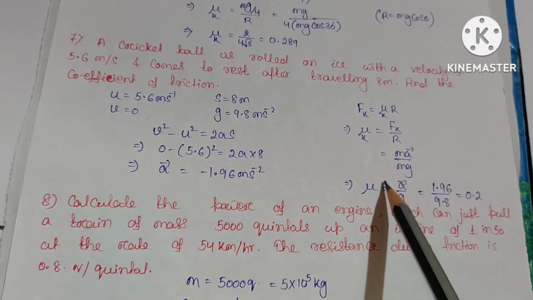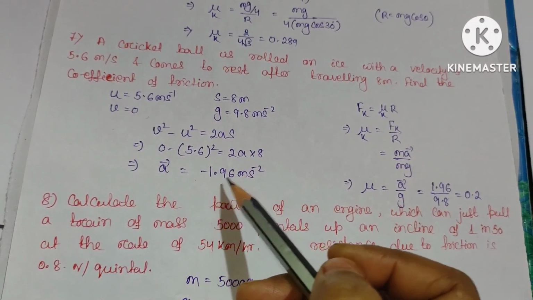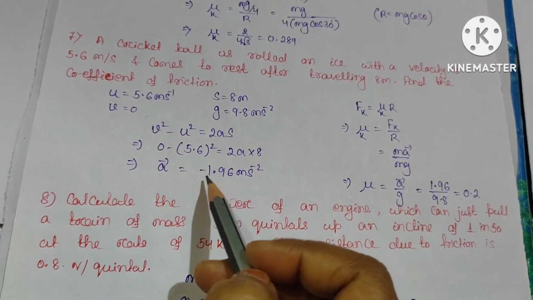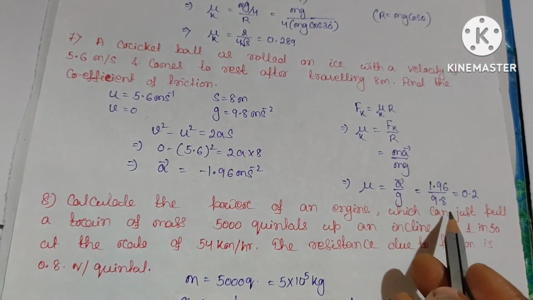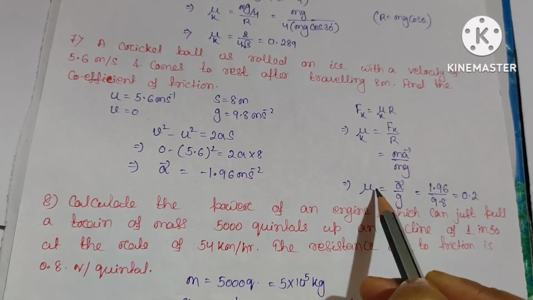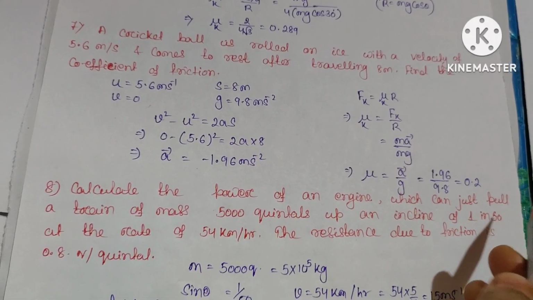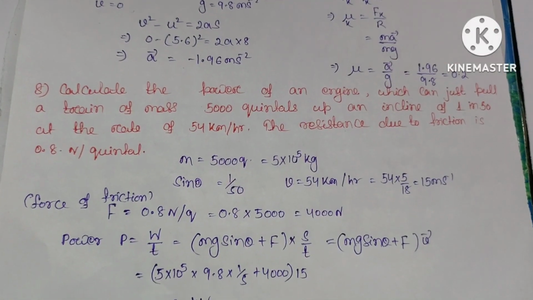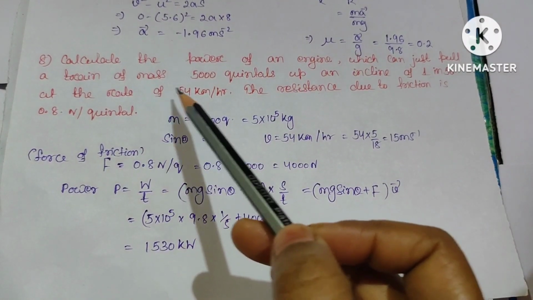So mass gets cancelled, μ equals a by g, that is 1.96 divided by g, which is 9.8, that is 0.2. μ has no unit. So this is 0.2.